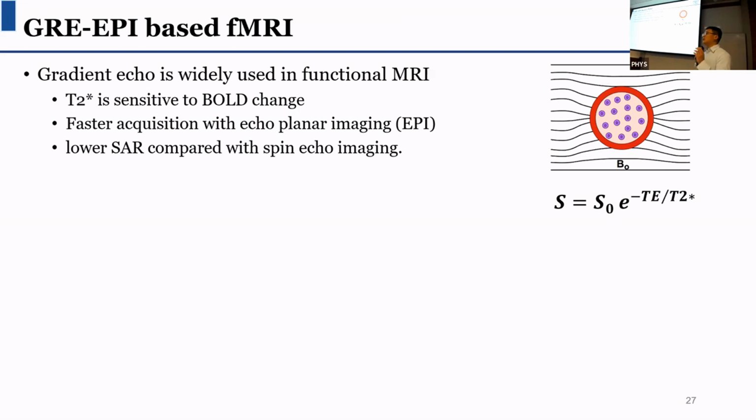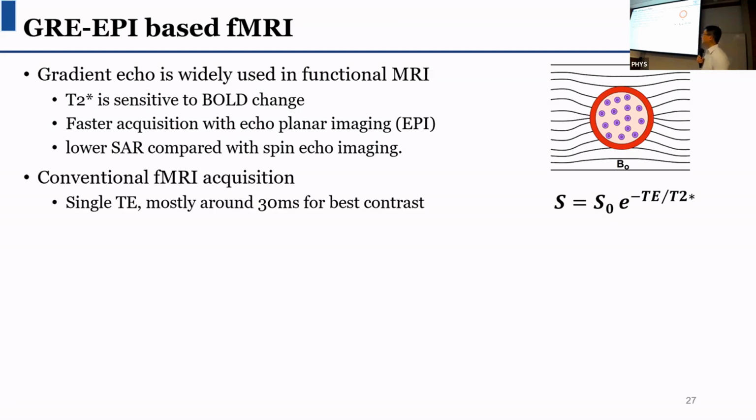Another thing is that because the gradient echo doesn't have a 180 pulse, the total RF energy the scanner adds into your body will be much lower than with the spin echo sequence. But in most functional MRI studies with gradient echo sequences, we only use a single TE value.